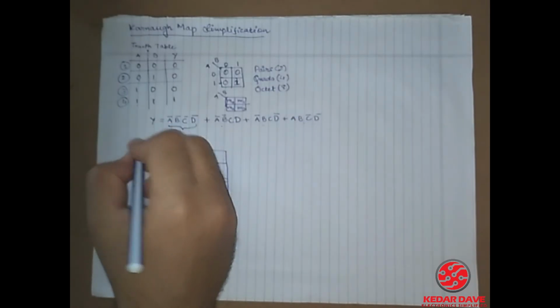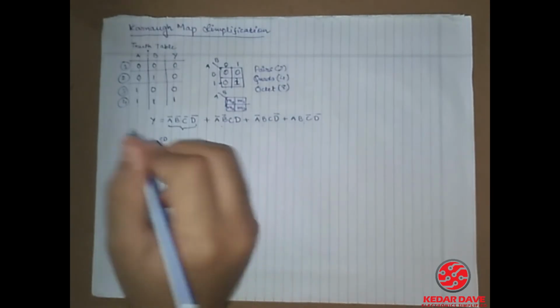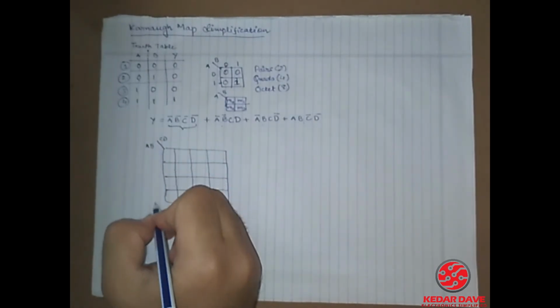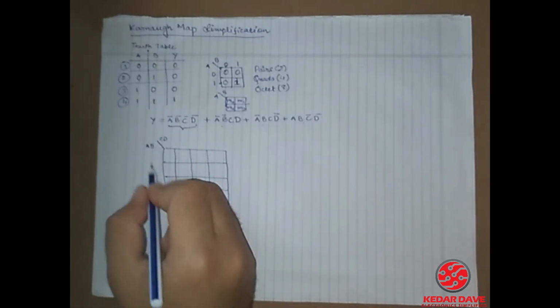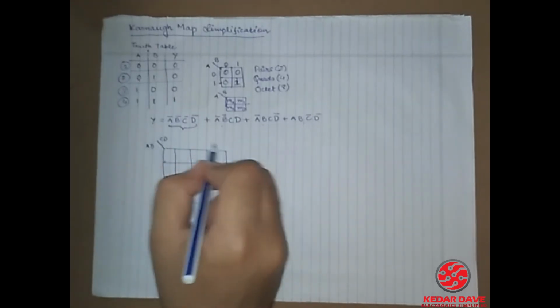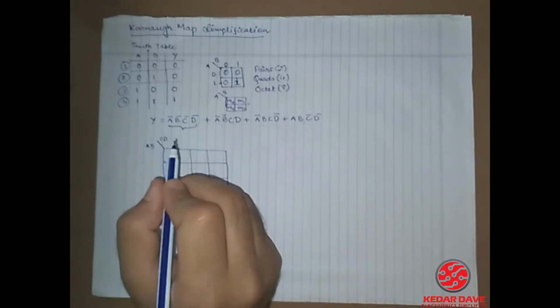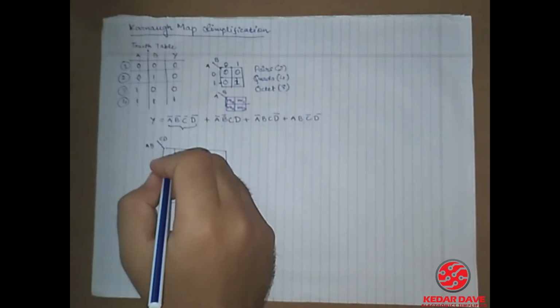So let's understand again that this one is our AB and this one is our CD. The values over here reflect the values of A and B, and for these, all the values reflect the C and D variables, right? So this way you need to write.